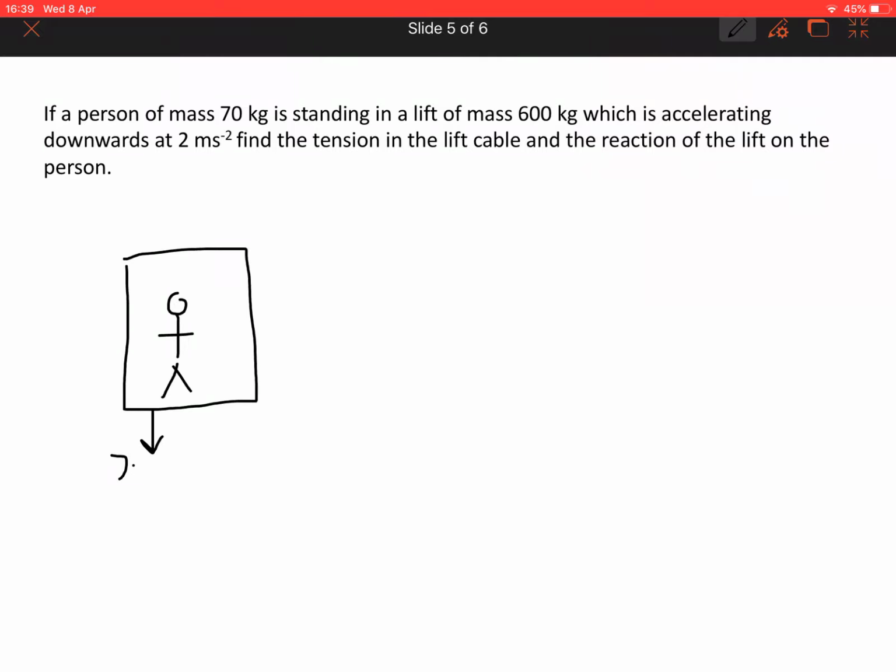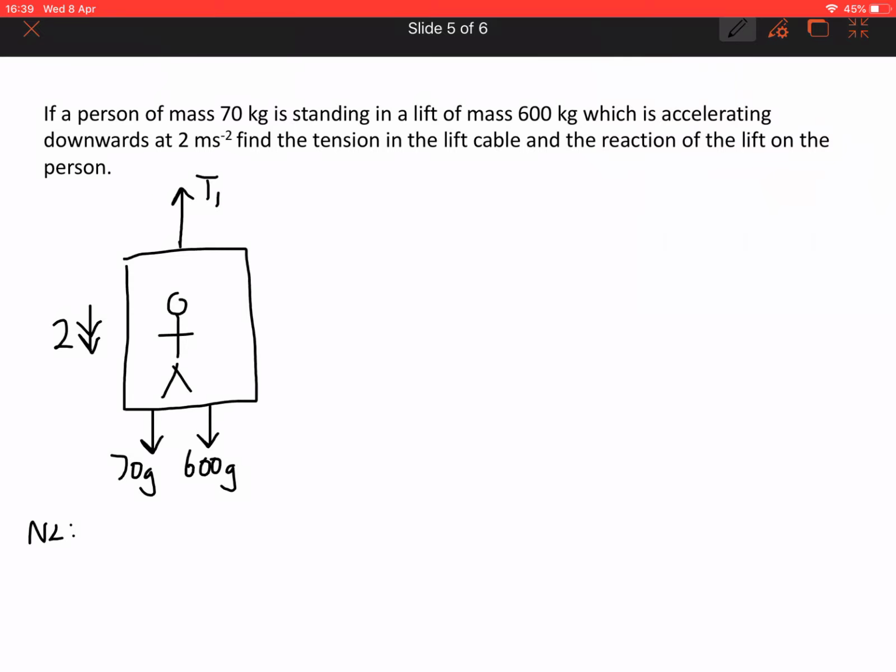The weight of the person and the weight of the lift act downwards, and the tension acts upwards. I'm going to call it T1 because it's different from the T we had last time. And we're accelerating this time downwards at 2 meters per second squared.